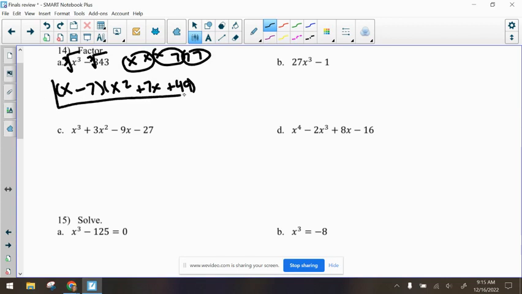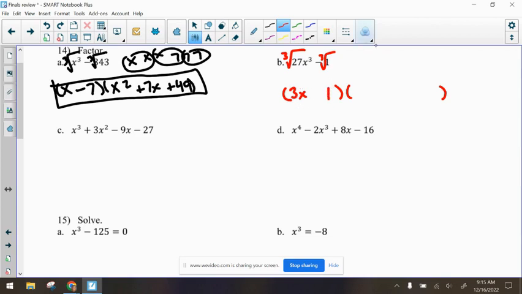Letter B is the same thing. Sometimes we forget that 1 is also a perfect cube, but it is. So again, I need small set and big set of parentheses, and then I take the cube root. With the x cubed, there is also a number. So 27x cubed, I take the cube root of the 27 and the x, so 3x. Not 3 plus x or x plus 3, 3x, they go together.